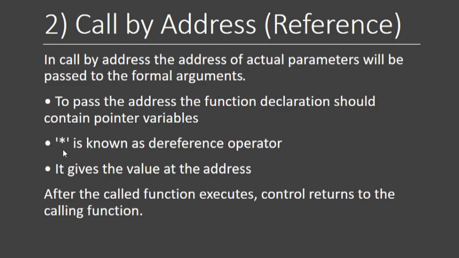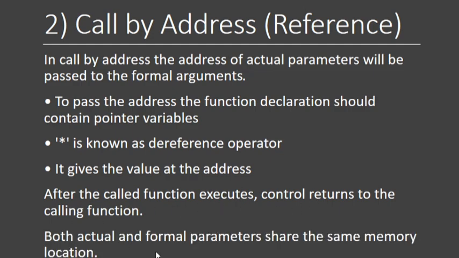This asterisk is used to find the value at the particular address you have passed from the main program to the called or user defined function. After the called function executes, control returns to the calling function. Both actual and formal parameters share the same memory location.